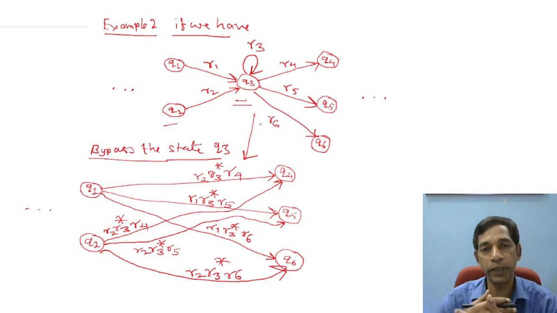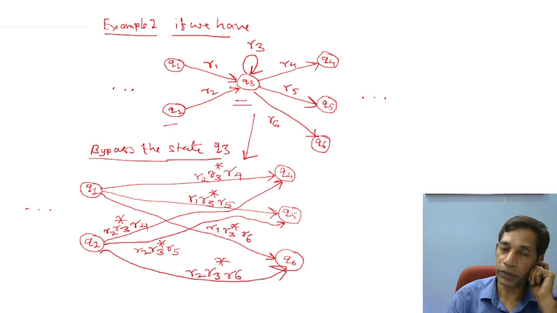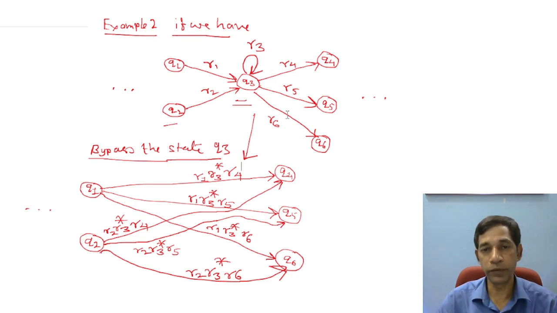You can bypass and eliminate the states one by one. During the elimination, you just see where you are coming from and where you are going. So you will have a direct edge from the state you are coming from to the state you are going to.